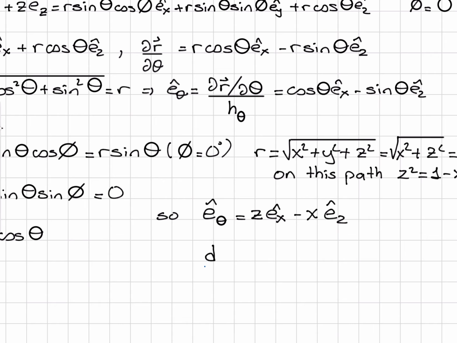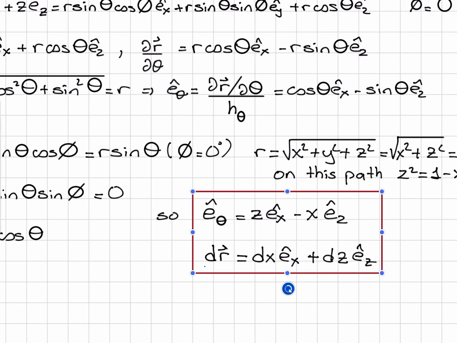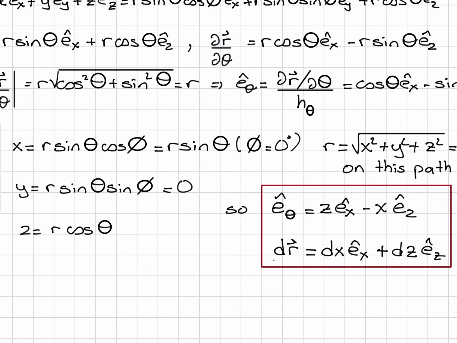And the displacement vector dr is equal to dx ex hat plus dy ey hat plus dz ez hat, but because we're not moving along the y-axis, it is dx ex hat plus dz ez hat. We have y equal to 0 and dy equal to 0 as well.